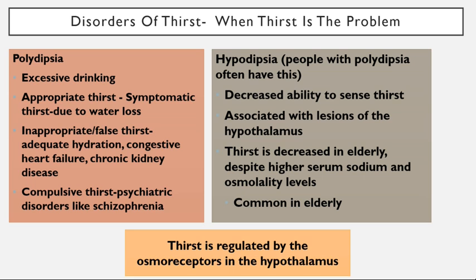So this polydipsia is you're drinking a lot, an appropriate amount of thirst, symptomatic thirst due to water loss. So there's levels where this is normal and healthy, but whenever it gets off and you have a compulsive amount to drink water, that can become problems.